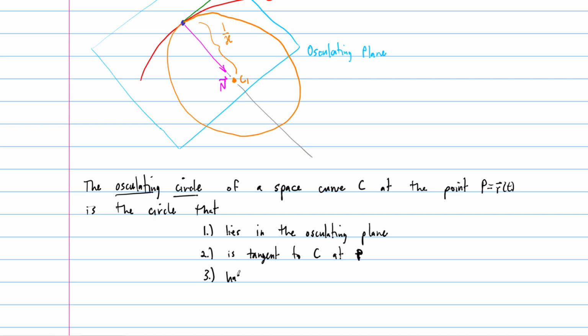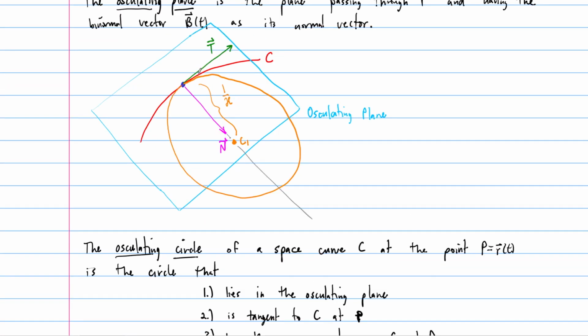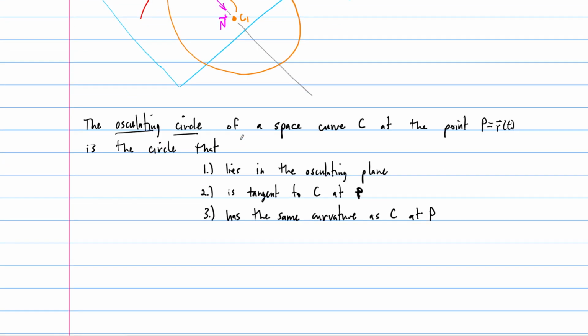Three, it has the same curvature as C at this point P. So it's the same tangent direction. Its center lies on the ray determined by the normal vector. That's going to be a consequence of these three; these three are enough to define the circle, but it's going to be useful in our computations to know this.